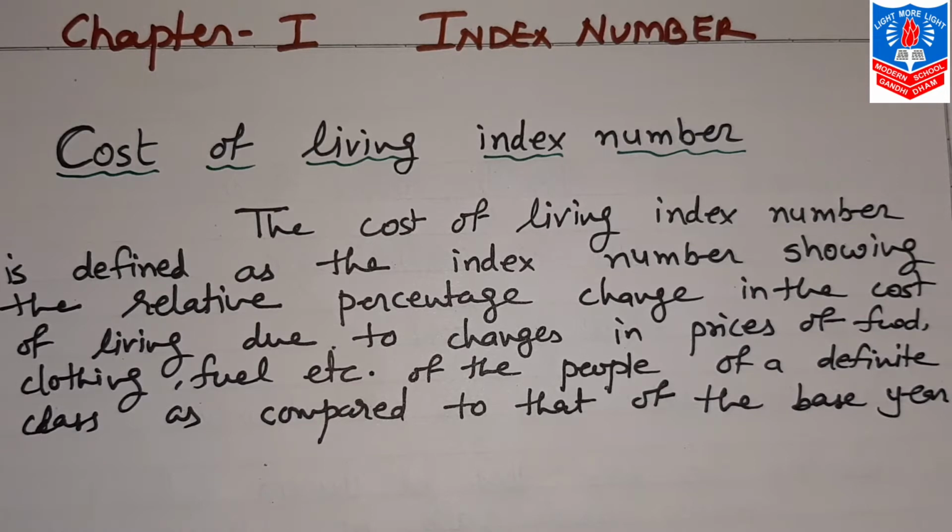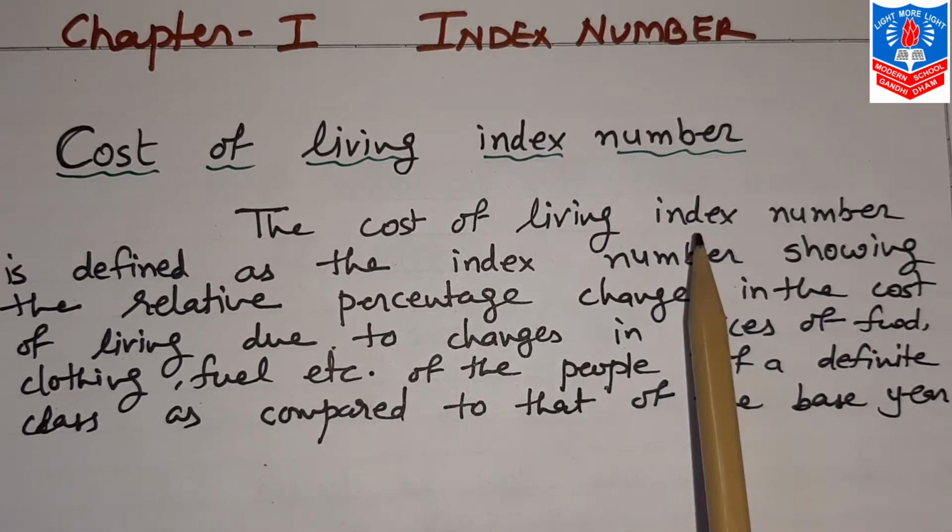In today's session, we will start a new topic, that is cost of living index number, and two sums based on this cost of living index number only. First, the meaning of cost of living index number.